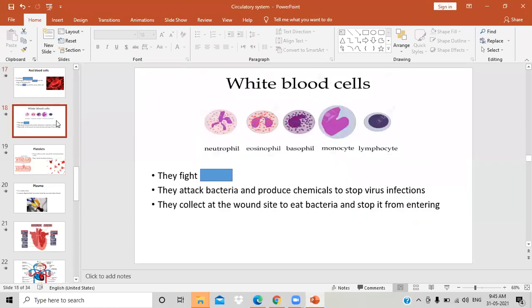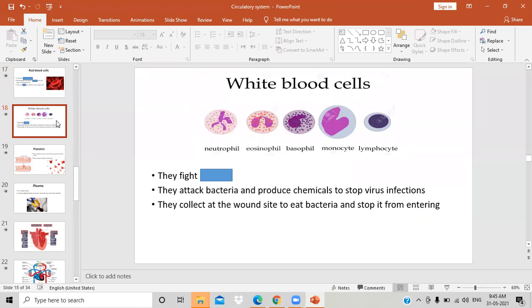The second type is the white blood cells, and those are responsible for fighting off any bacteria or viruses that get into your body. It's like your fighting army, and it is the main product in your immune system.